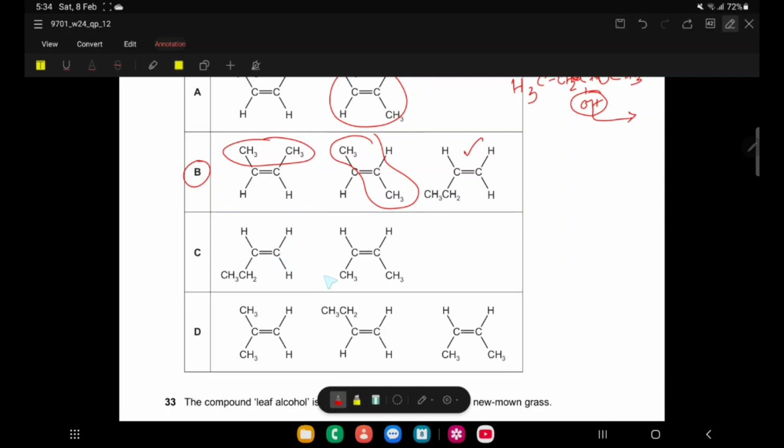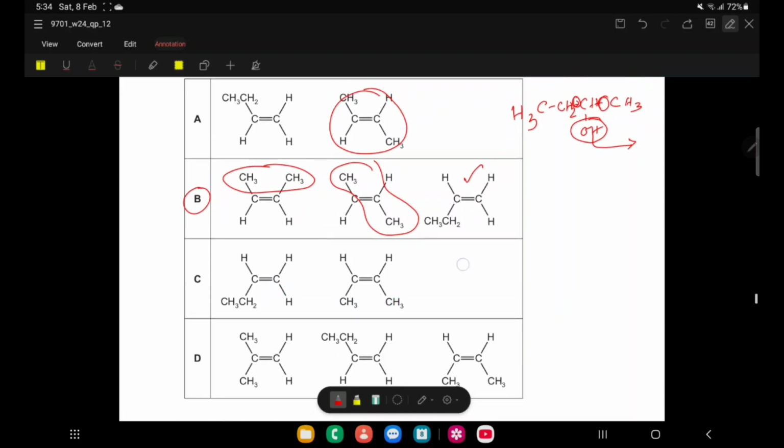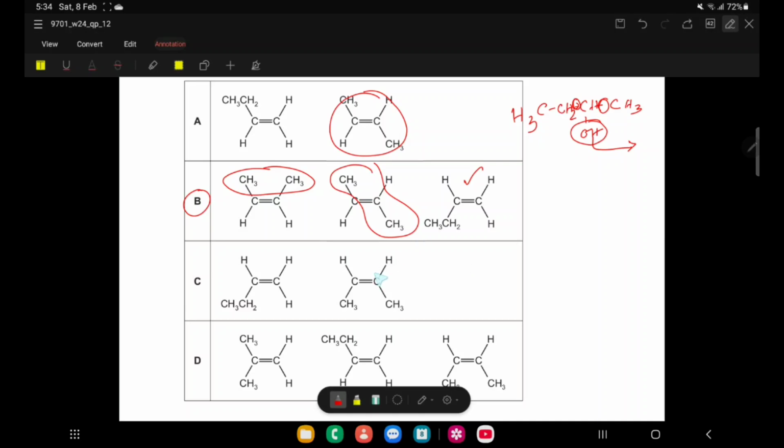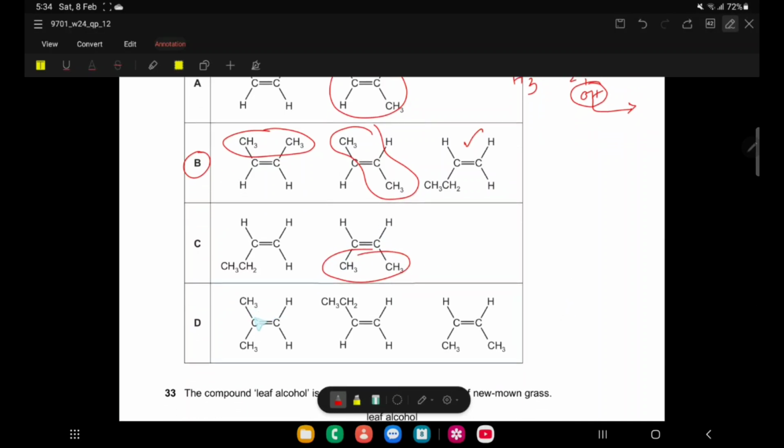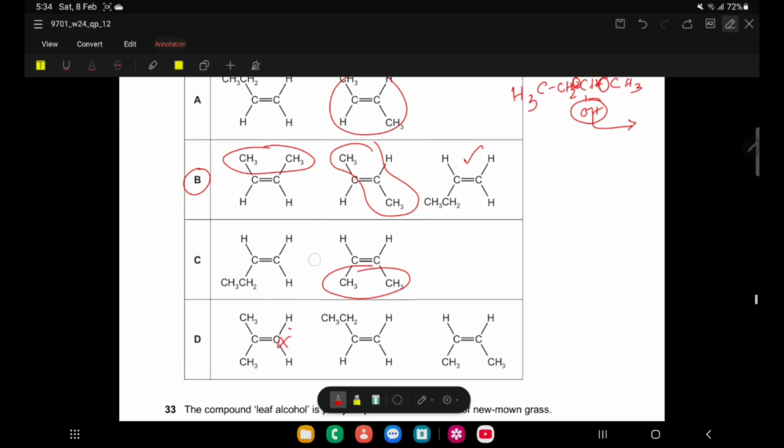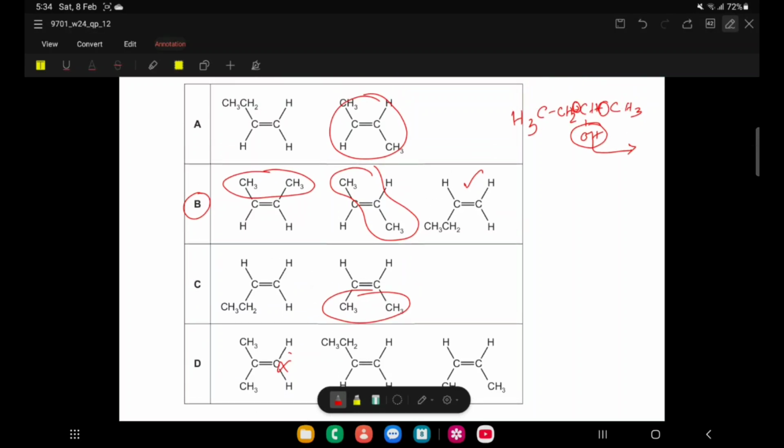Here one is given but another one is missed, and definitely not this one. So our correct answer is B.